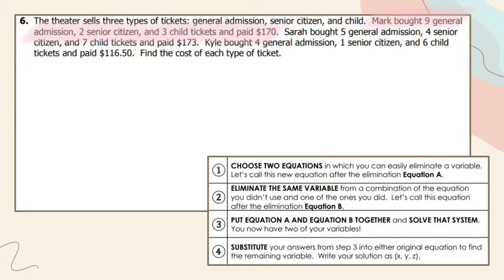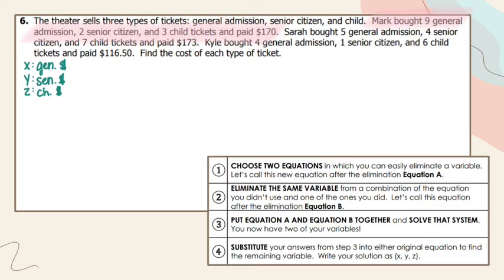So if we make our variables x, y, and z, because that's just easier to look at in my opinion, x is the general admission price, the senior cost is y, and the child cost will be z.